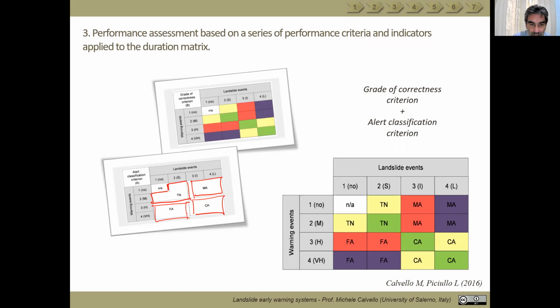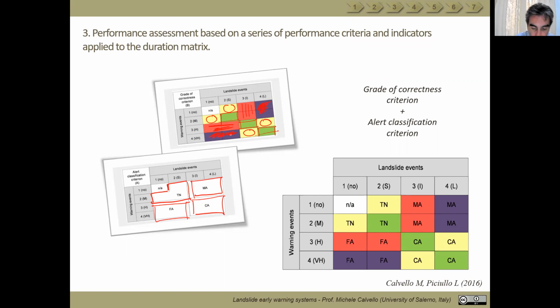You can have a criterion for which this is the correct alerts, only these three, the green ones. Maybe you can have some errors, but not too bad, yellow, but then you have red errors or even purple errors.